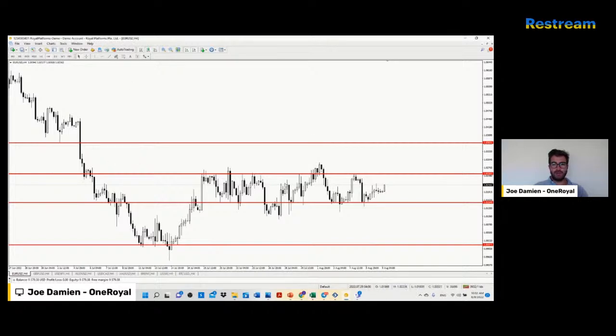So starting with the Euro USD. Euro USD, as obvious, is moving inside this range. You can see the range here, 1.01, 1.02, as support and resistance.